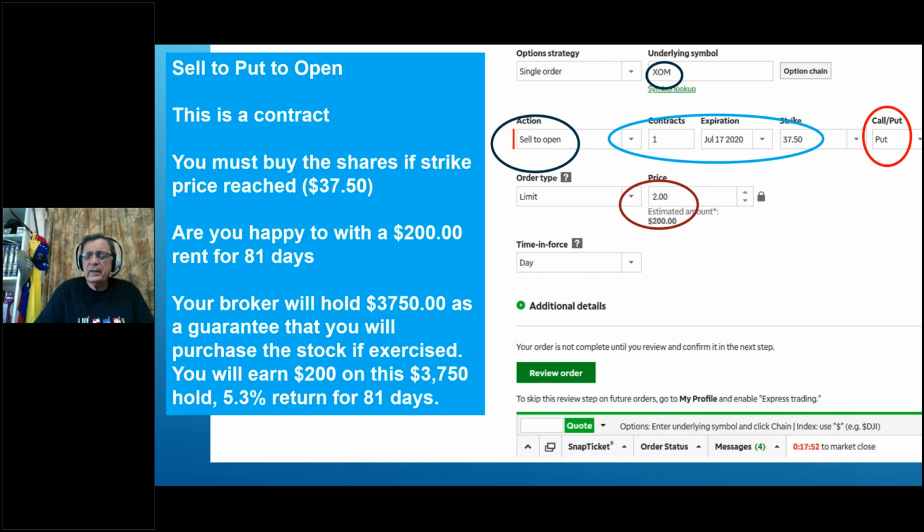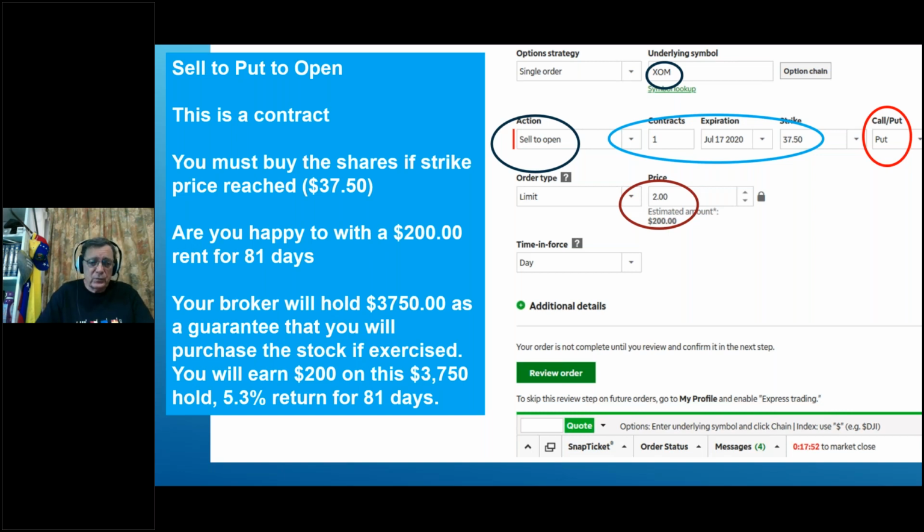Wow. What does the bank pay you again? 0 point nothing? 5.3% in 81 days. Let's just round it to 90 and multiply it by 4 to give you an annualized rate. It's 20% a year, but still I'm making 5% on $3,000. That's a very nice return on your money, I think.